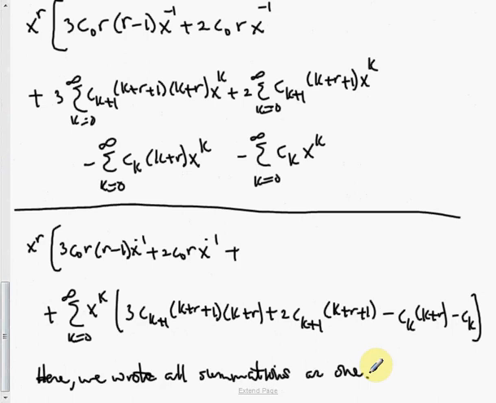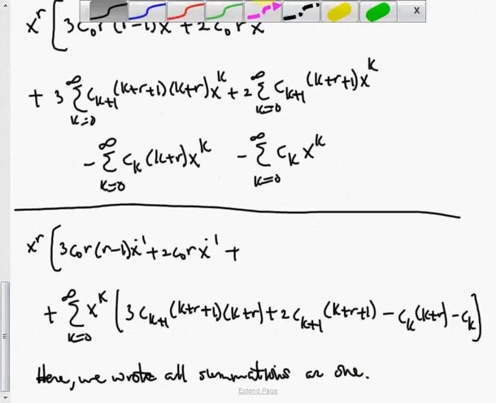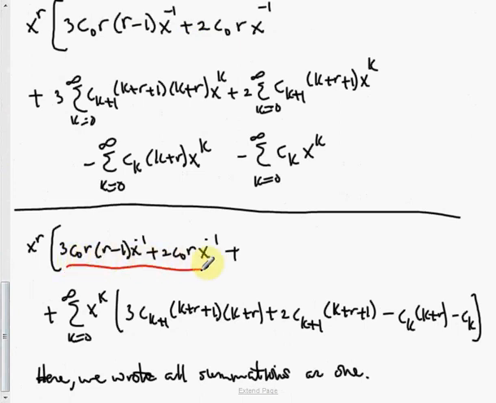Now notice the first part of this problem, this guy right here, you get this 3c naught times r minus 1 times x to the negative 1 plus 2 c naught r times x to the negative 1 plus then the summation. Now that's there to help us determine the value for r. You're going to always have that when you use this method of Frobenius.